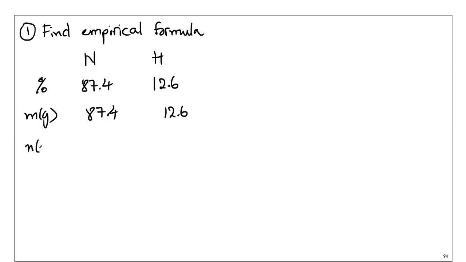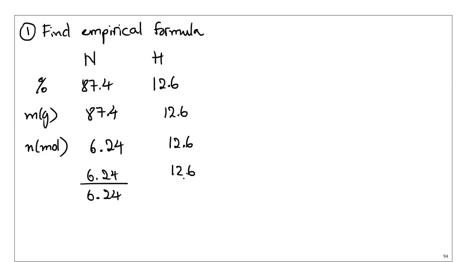I will now try to find the number of moles by dividing these masses by their respective molar masses. So I get 6.24 for nitrogen and 12.6 for hydrogen. And if you divide by the smallest mole number, which in this case is the moles of nitrogen, so 12.6 divided by 6.24, it is a good idea to keep the exact value in your calculator as much as possible.